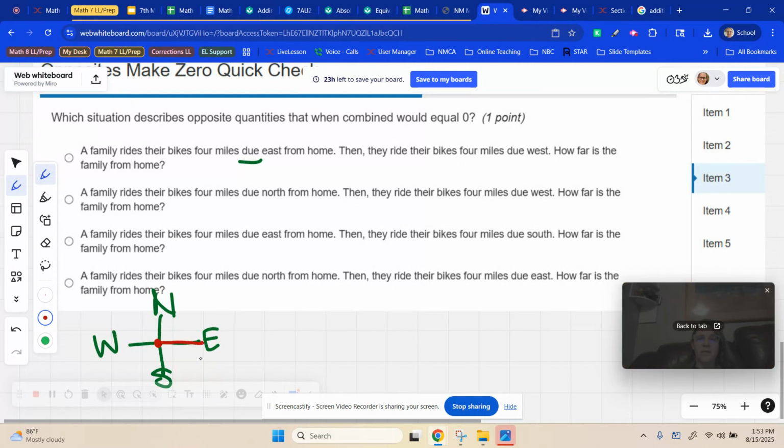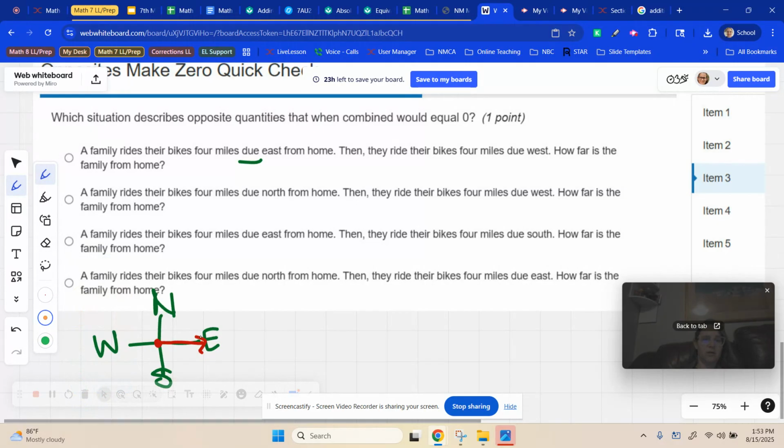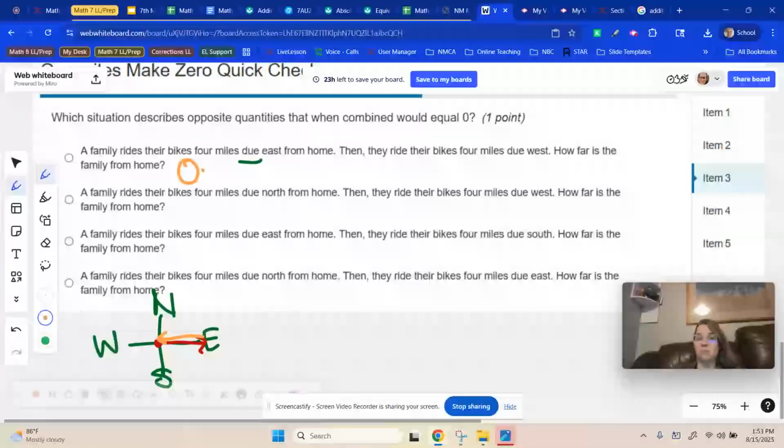And then they ride 4 miles west. All right, let me do that in a different color. And they're asking, does this represent an additive inverse? How far is the family from home? How many miles? I'm going to say 0 miles.